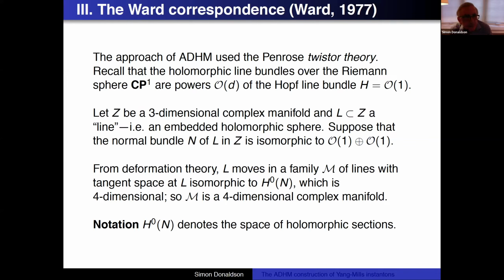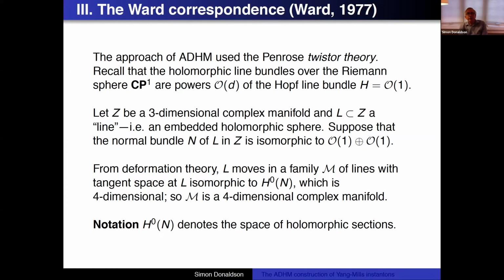Well, as I mentioned, there are many points of view that we can take on this ADHM result, the ADHM construction. But for the main part of this talk, I'm going to follow pretty much the point of view that they took, and this goes through something which is of independent interest.